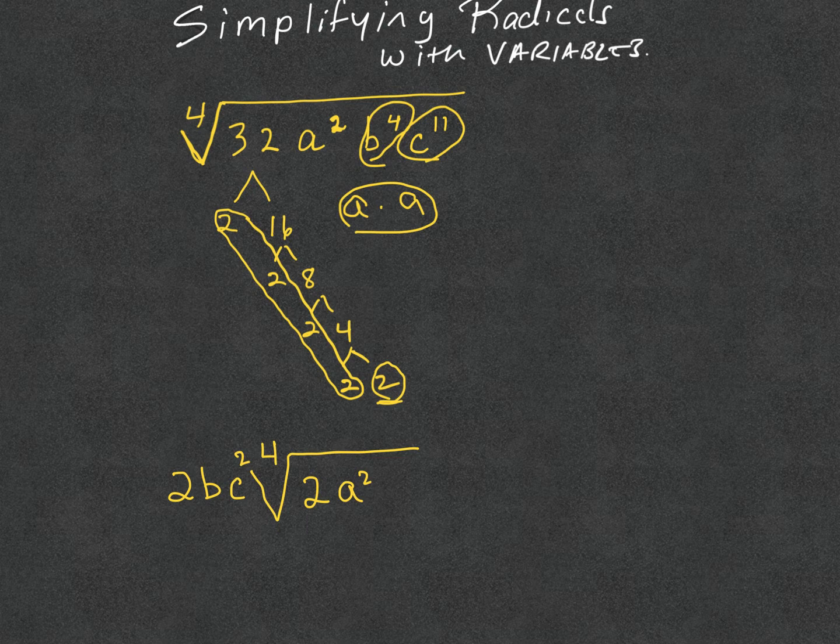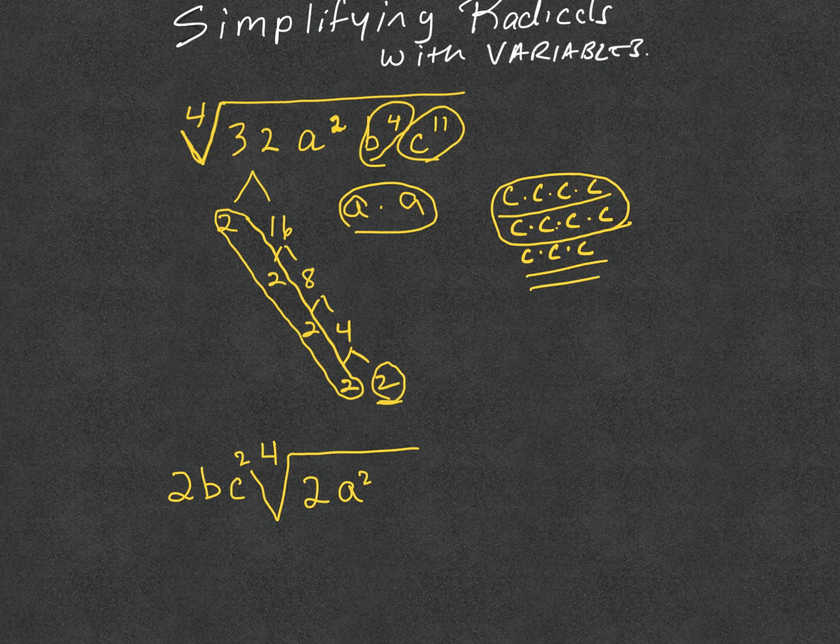Remember, we have c times c times c times c, c times c times c times c, c times c times c. That's 1, 2, 3, 4, 5, 6, 7, 8. There's our 2 groups. So we take out a c, and then we take out another c, so that's c squared. And you notice we're left with 3 c's, so it's going to be c to the third power. So that's what it's going to simplify to.